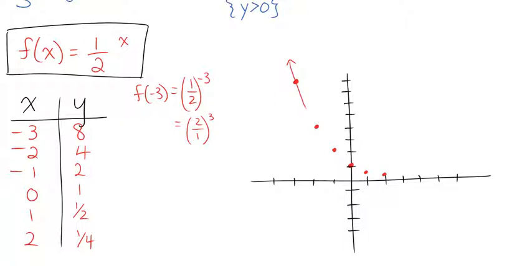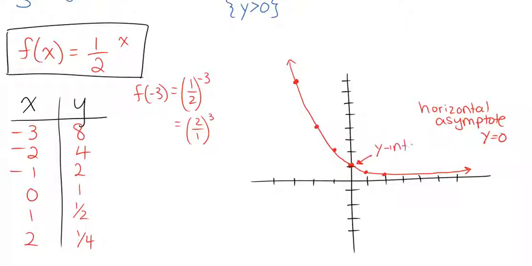So there's our exponential function. Yet again, we've got our horizontal asymptote at y equals 0. We've still got a y-intercept at 1.